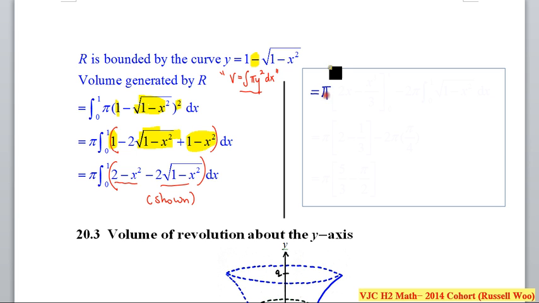I factor, pi is obviously out. Integrate 2, I get 2x. Integrate x squared, I get x cubed over 3. With limits 0 to 1. I tackle this one first. Okay. Now the other part of it is this one.